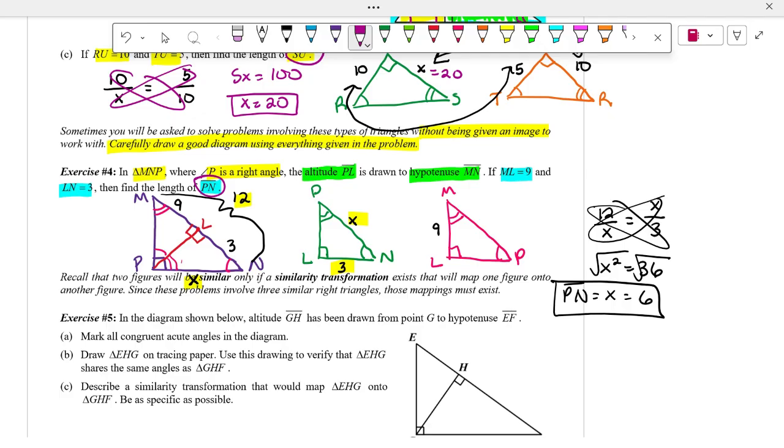Sorry, I oriented that wrong. This one would be the one that goes up top. So it's literally just kind of a matching game. You know the right angle's got to be down here. So this is how they would overlay. All right. See how they overlay?